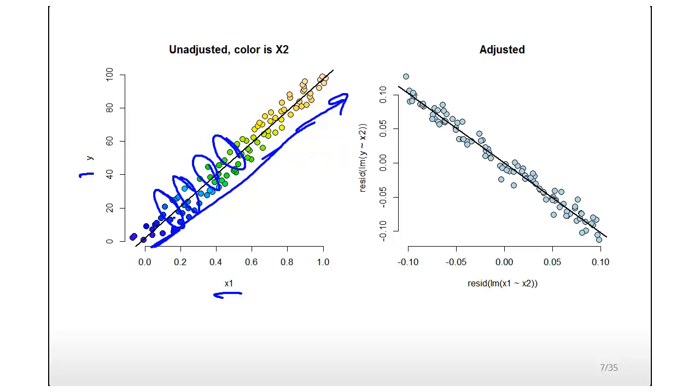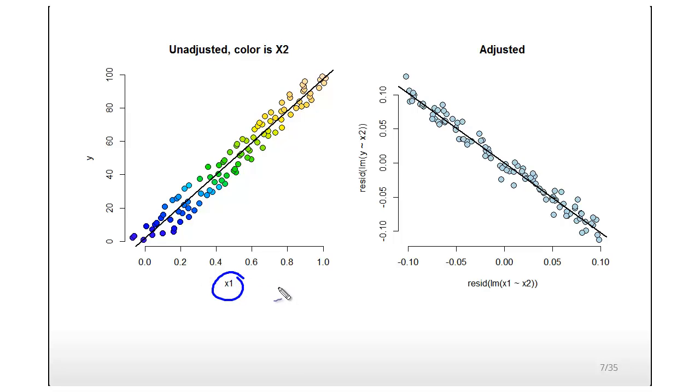So what we could do, remember, we've talked about this, is try to remove the effect of x2 by taking it out of x1, by fitting a linear model where x1 is the outcome and x2 is the predictor, and taking the residual, so that's that guy. Then taking y, where I fit y as the outcome and x2 as the predictor, and that's that guy on this next plot.